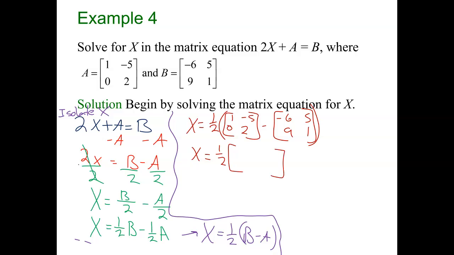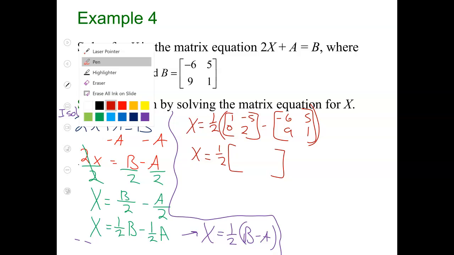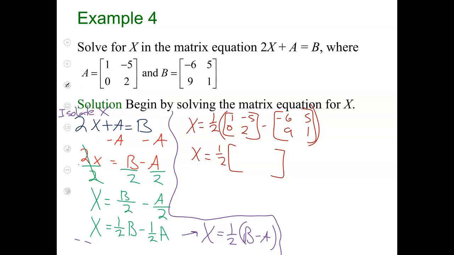Okay, so -1 minus -6 gives me what? 1 minus -6. Positive 7. All right, -5 minus 5 gives me.